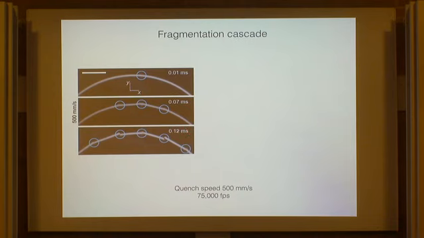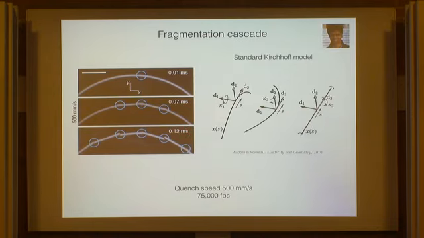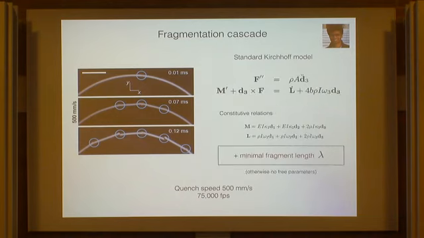To develop a theoretical understanding, we use the Kirchhoff model, a standard elasticity model. You describe your elongated object as a line, with a local frame, and you're interested in the bending and the torsion as you apply external load, for example.